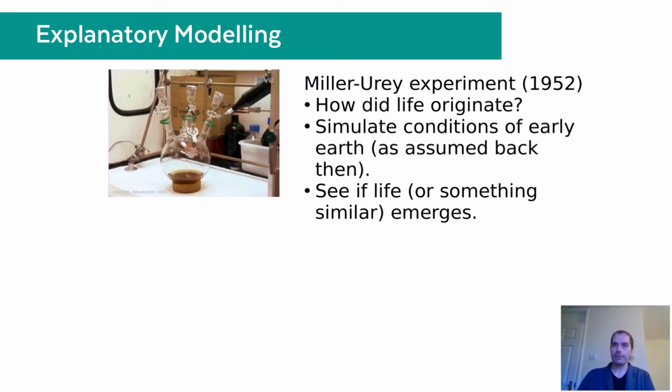And that setup he let run for a couple of days or a week. And after that you see this brown sludge developing, and what he found was that this sludge actually contains 5 of the essential amino acids that make up every single living being on Earth.